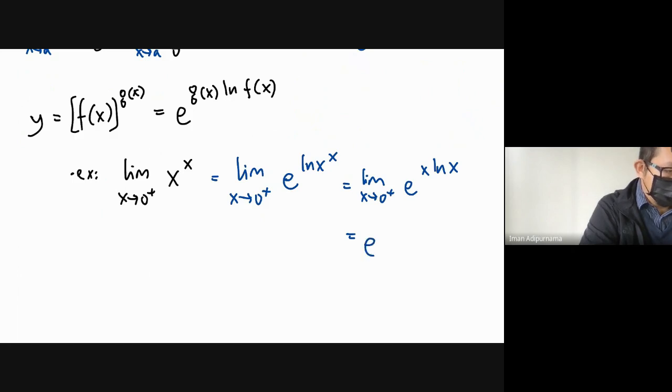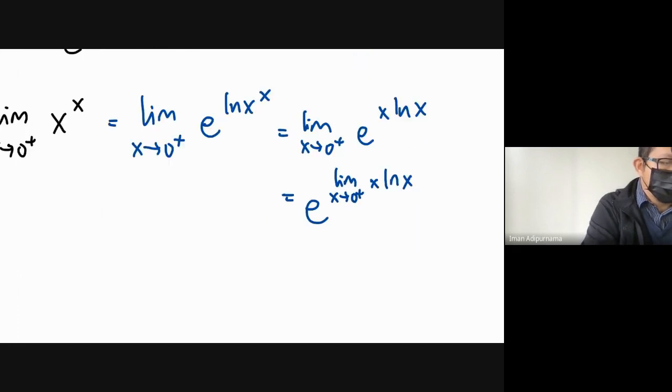And we know that from the limit, we can write this and only evaluate the power. x ln x, we can evaluate this.